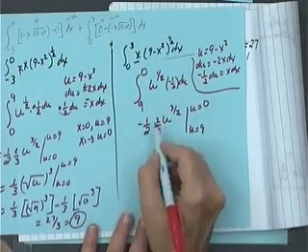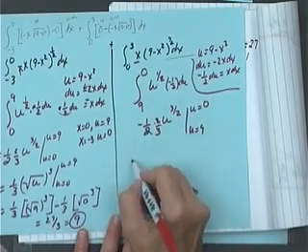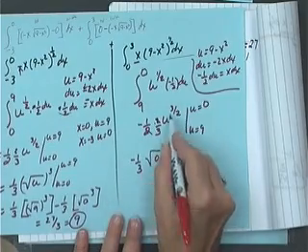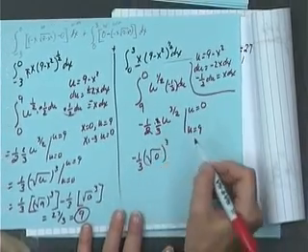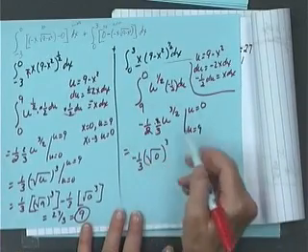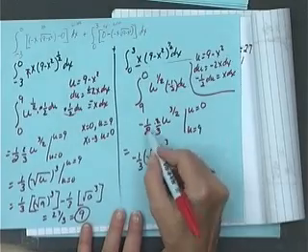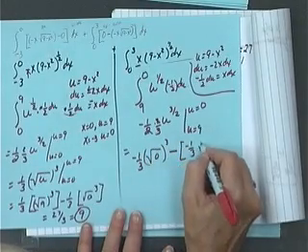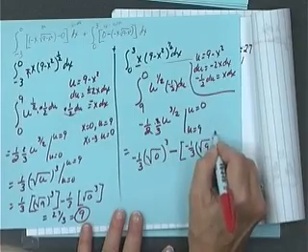Okay, so now we'll substitute in. We get negative 1/3 square root of 0 cubed. Put in the 0. Minus, that's going to be a negative 1/3 square root of 9 cubed.